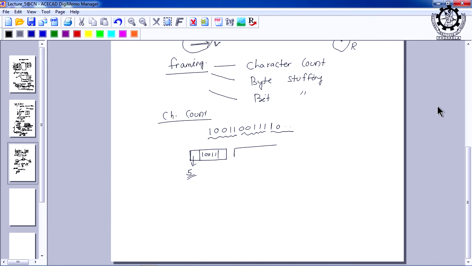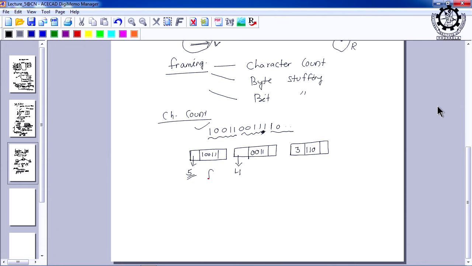We are not considering the other information, right. Now the second frame contains 4 characters, 0011, and the header says the number of characters present is 4. Similarly, the third frame says the number of characters present is 3. These are the 3 frames generated out of the data received from the upper layer.